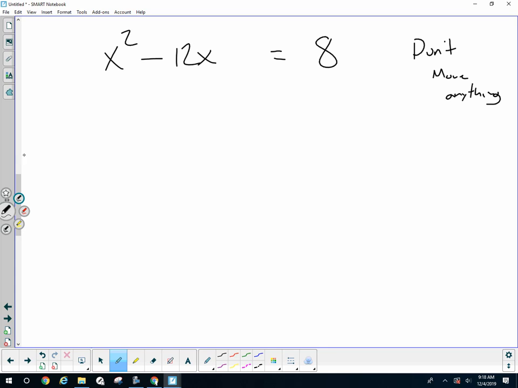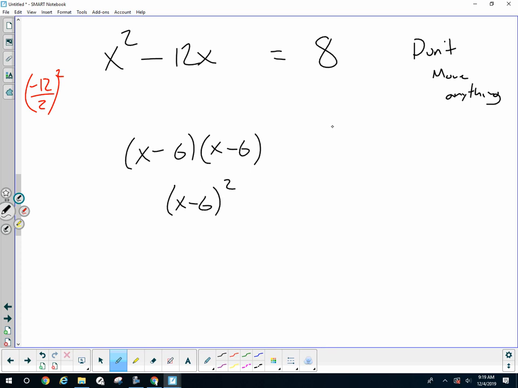We're good. Now, either take b divided by 2 and square it. That's -6 squared, which is 36. Or, if you think about x minus 6 times x minus 6, which is x minus 6 squared, you would have x squared minus 6x minus 6x plus 36.